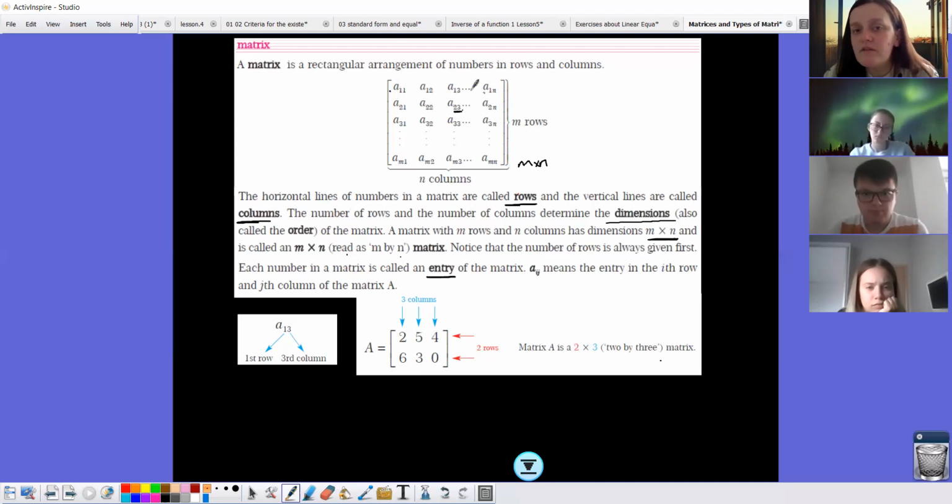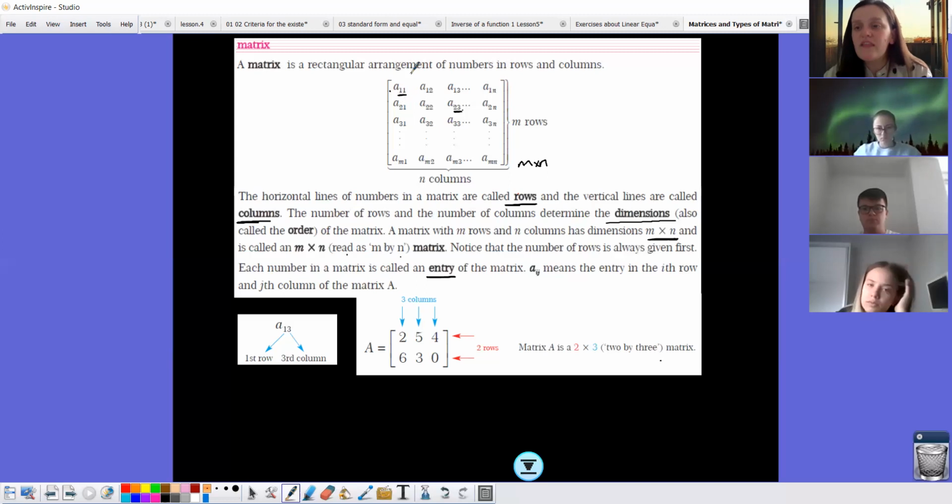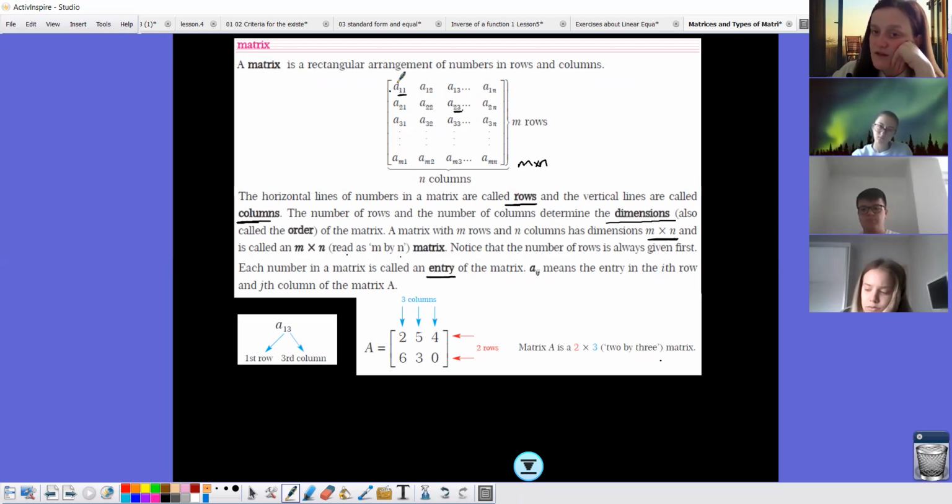For example, here the matrix is given with a variable a. A11, this 11 shows you the place of the entry in the matrix, in which row and in which column it is. So A11 says that this is in first row and first column. A33 says that this is in third row and third column.